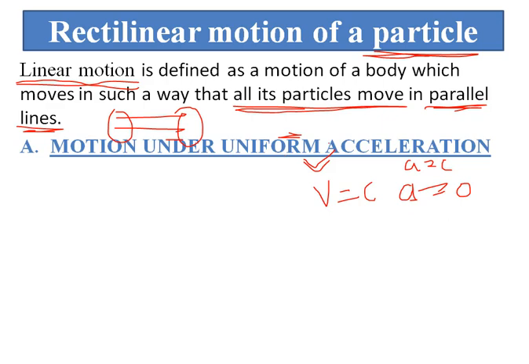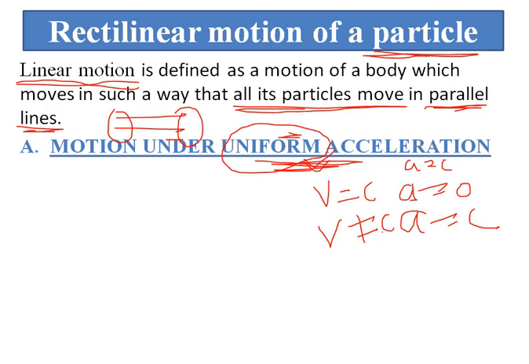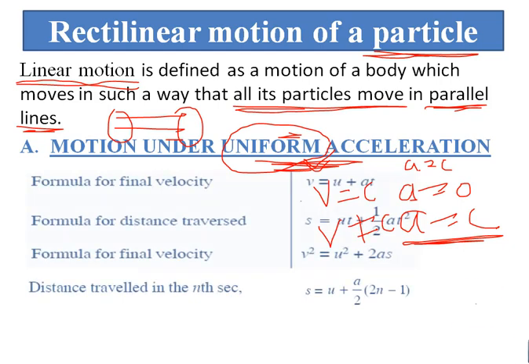But here we are not considering uniform velocity; we are considering uniform acceleration. That means your acceleration is constant, your velocity is not constant, it is varying, and the acceleration has some constant value. Clear?